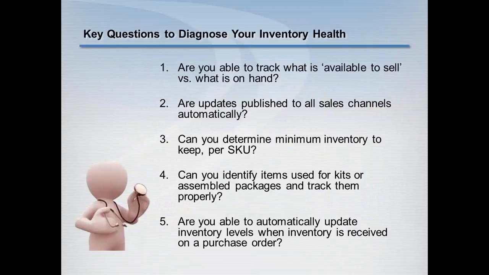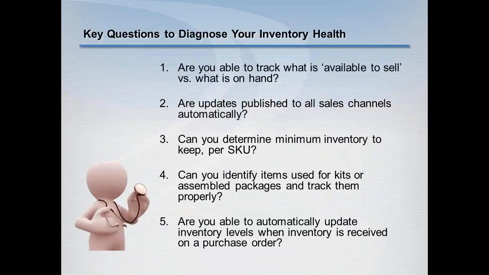Number 3, can you determine minimum inventory to keep per SKU? This goes back to being able to put a low level on each item. And this is important because, depending on the types of products you sell, some of your products might have long lead times.